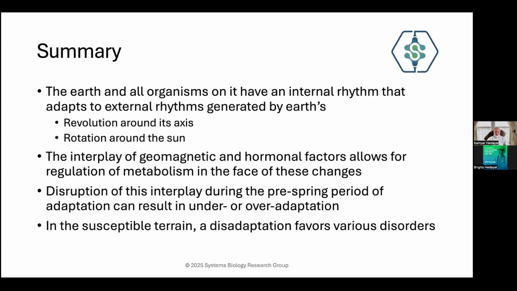So in the susceptible terrain, even if you have these changes, if the emunctories are not congested, the patient may not end up expressing these disorders, or they might have a milder case. But in the susceptible terrain, disadaptation favors various disorders.